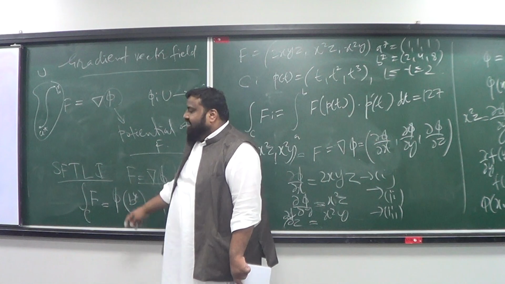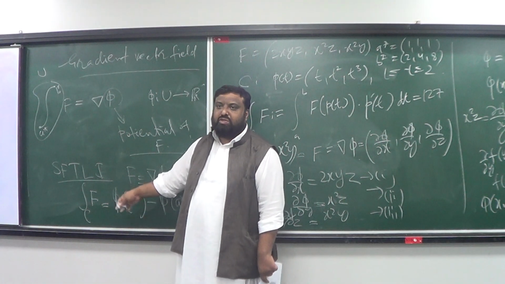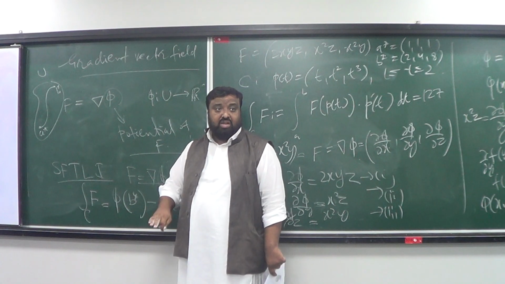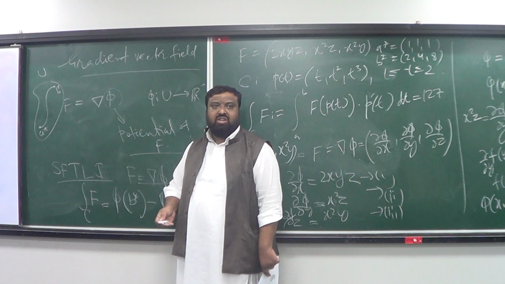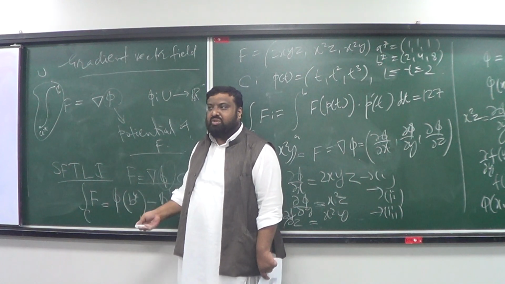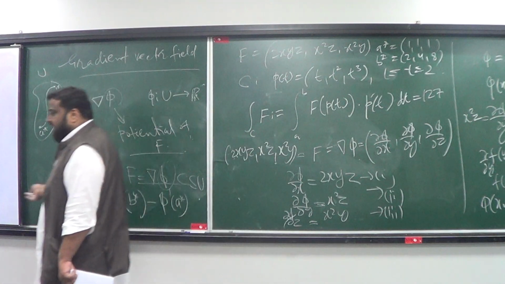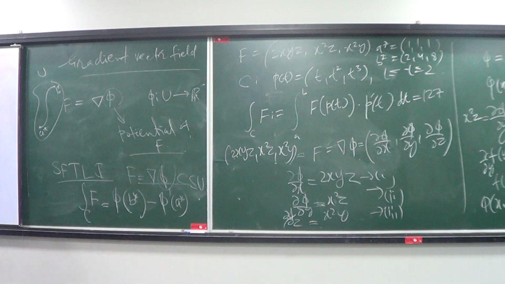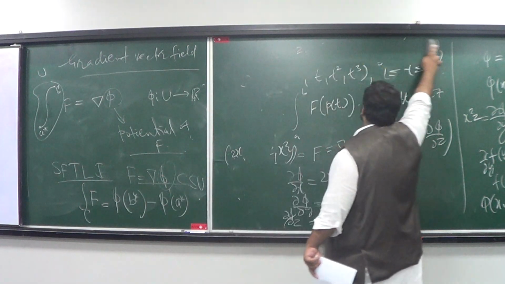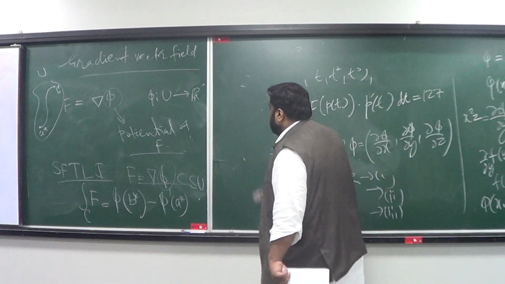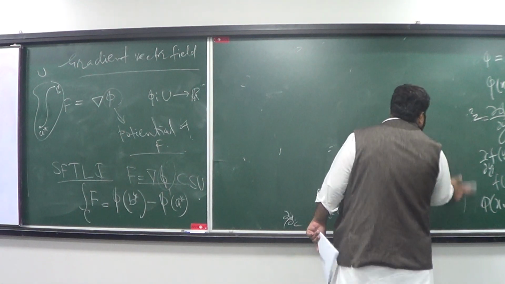So I know the gradient fields are such fields which are independent of the paths. But you can also have fields that are not necessarily gradient, but are also independent of the path. So this motivates us to define a new class of fields, and later I'll make a picture of it.